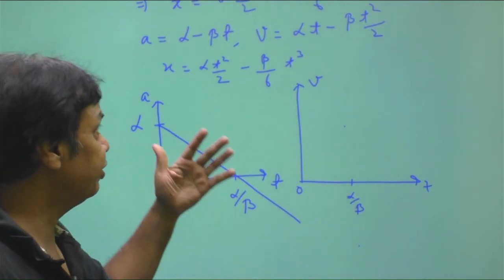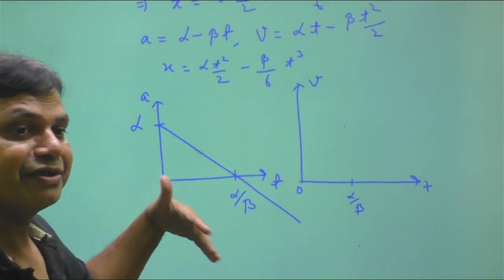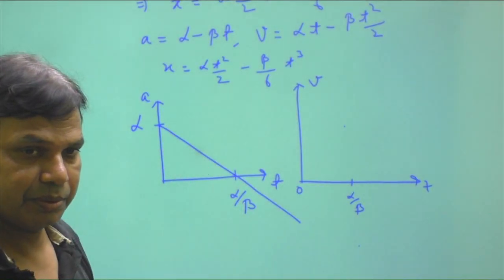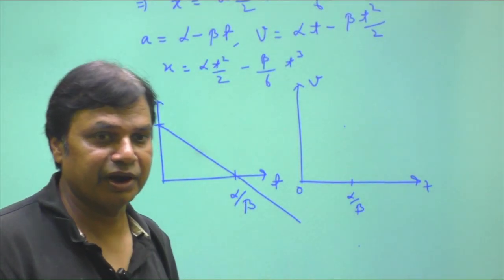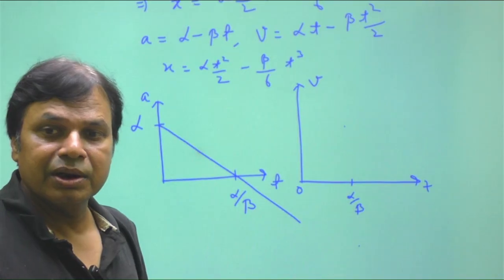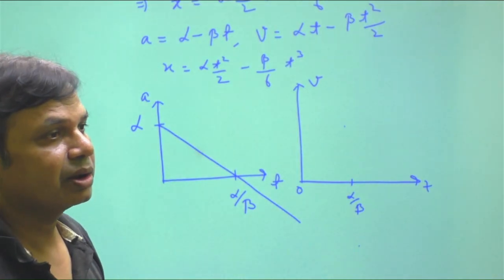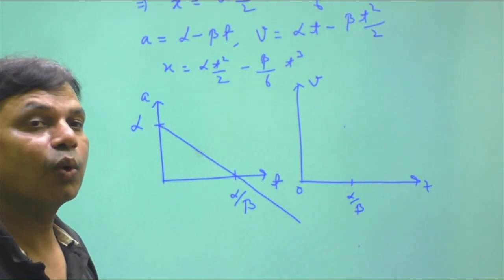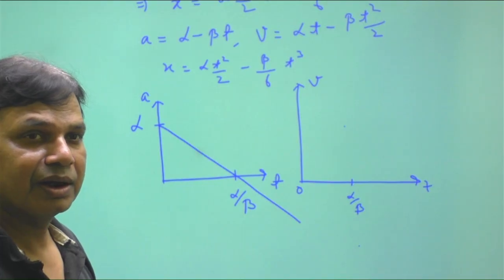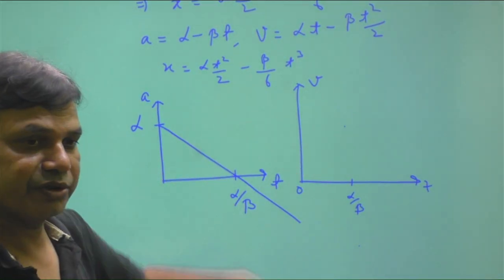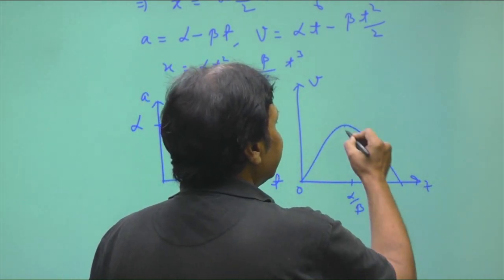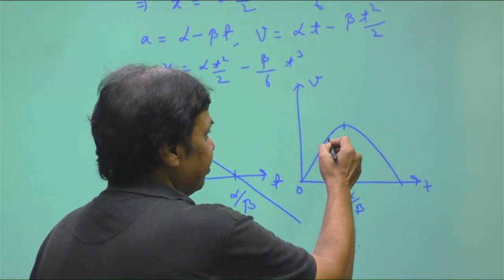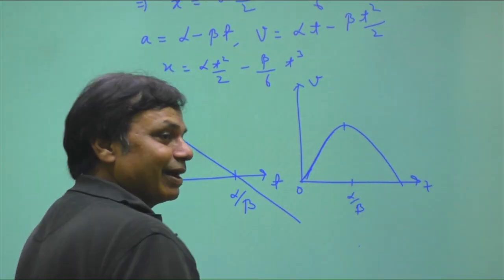So d2v upon dt square is negative. That means it will have a local maxima only. The curve is concave downwards.